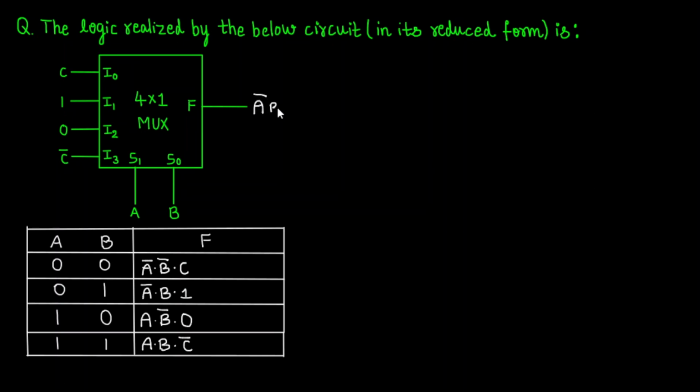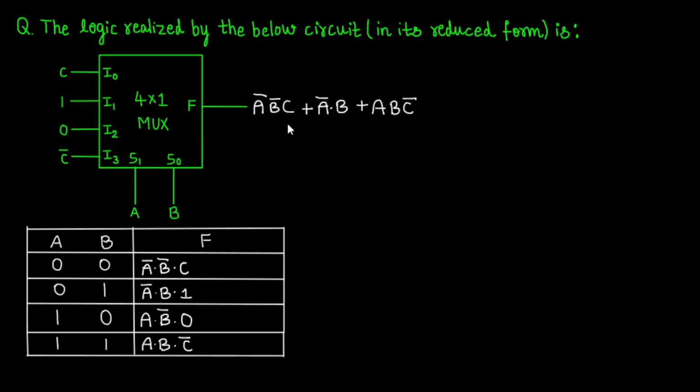So A bar B bar C plus, here A bar dot B bar dot 1 is simply A bar dot B bar, because anything into 1 is that anything itself. And 0 into anything is always 0. So I'm ignoring the third minterm and I'm directly considering the last minterm, which is plus A B C bar.